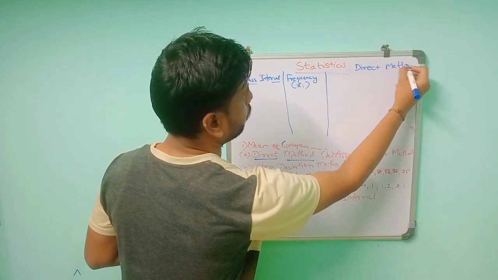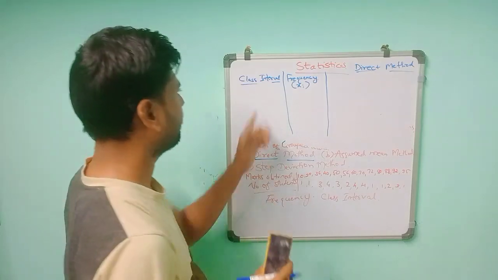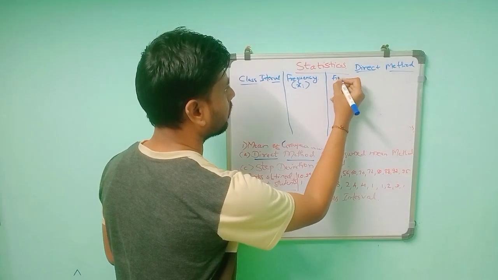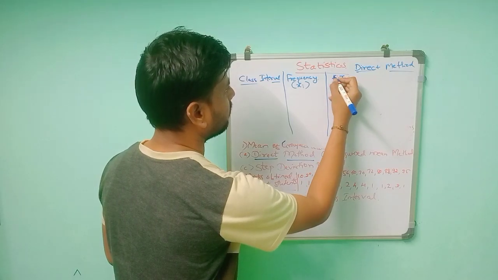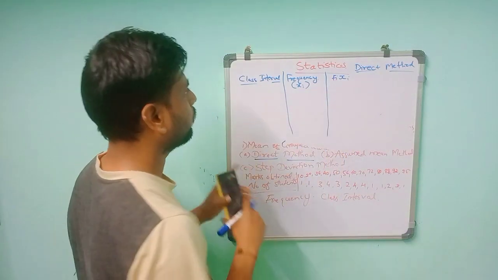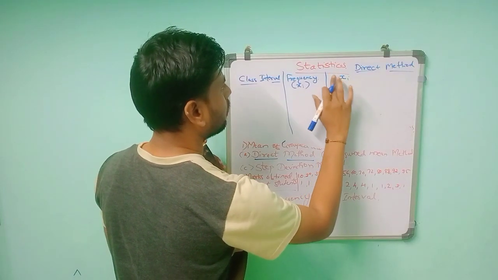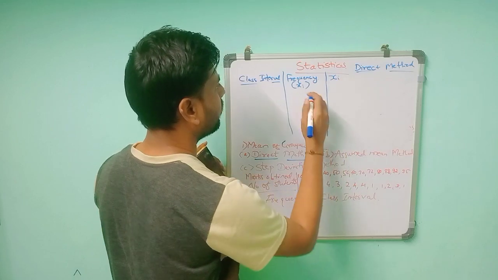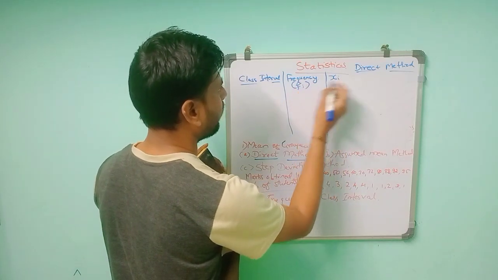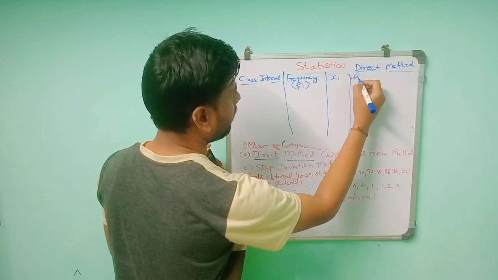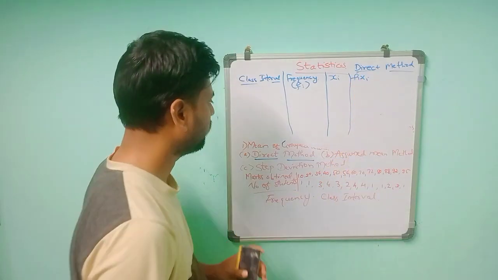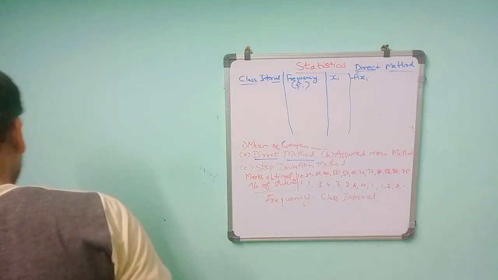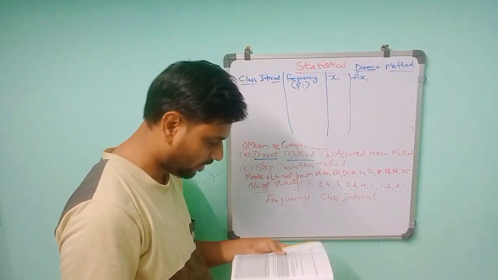In the direct method there are two tables: one with class interval and frequency, and one for finding fi and xi, where fi is the frequency.